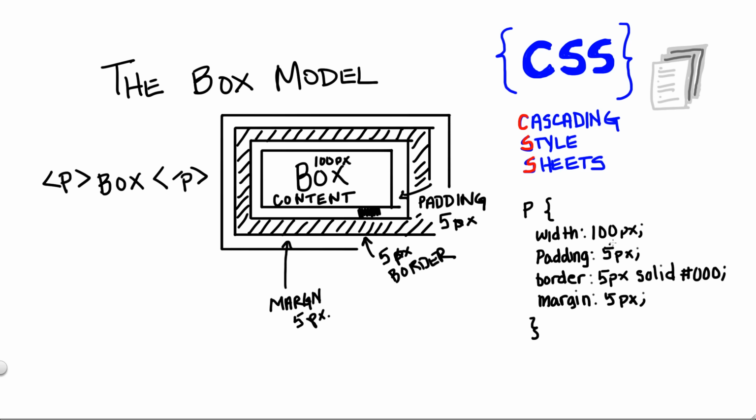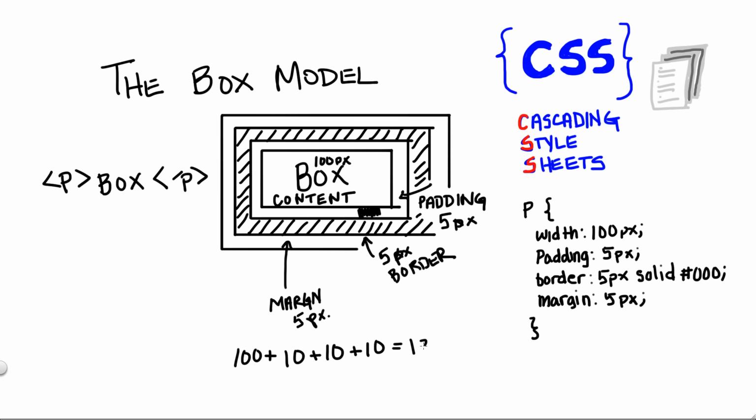So even though you've specified a width of 100 pixels here, if you want to get the total width of this box, you need to add all of these together. So really what we're talking about here is total width is going to be 100 plus we've got 5 pixels of padding on each side, 10, plus a 5 pixel border on each side, 10, plus 5 pixels of margin on each side.